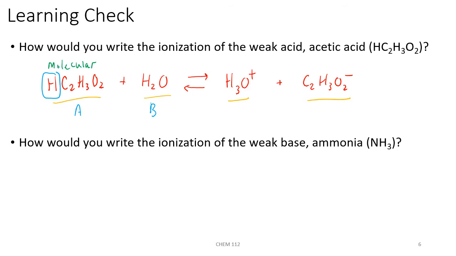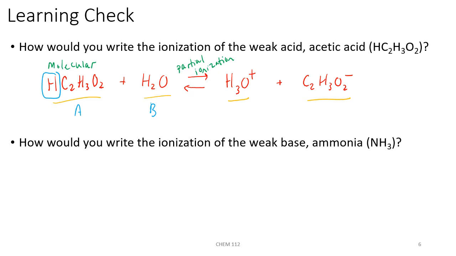Only a small amount of it will be ionized into the hydronium ion and acetate anion, so we say partial ionization. Compared to strong acids, which fully ionize 100%. Hence, for a weak acid, this is why we would use equilibrium arrows to represent that.